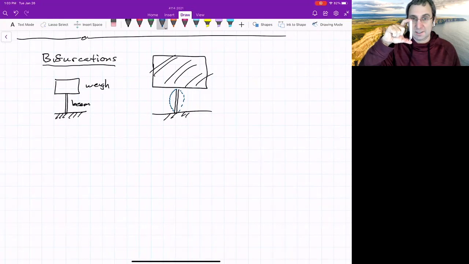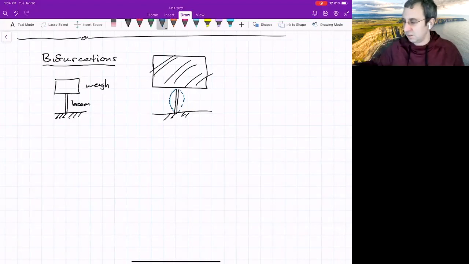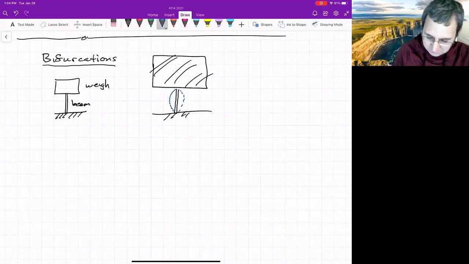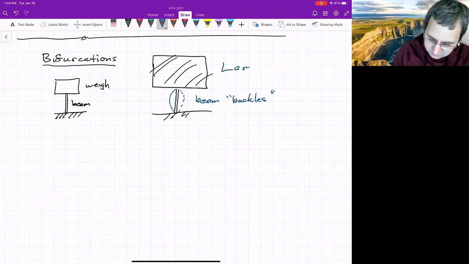Once I increase how I'm pressing, so increase the load, now one side or the other is actually the stable state. And this upward position is the unstable state. In fact, I can't even keep it there. I'm just pinching my fingers like a vice. Okay, so this would be the beam buckling. That's a nice physical illustration. So this is a large weight or load.